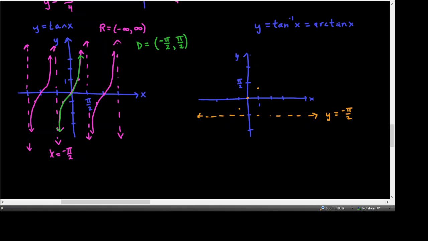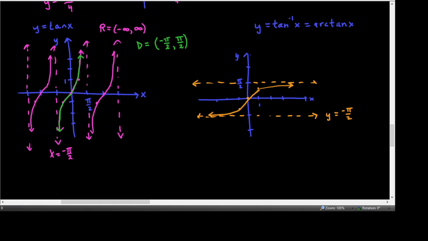And then, of course, the one at x equals π/2 will be a horizontal asymptote at y equals π/2. And again, if someone asks, you ought to be able to find the equations of these horizontal asymptotes. And then the curve approaches that asymptote. So we're going to go like this. And that's what the arctangent of x graph looks like, the tangent inverse of x graph.